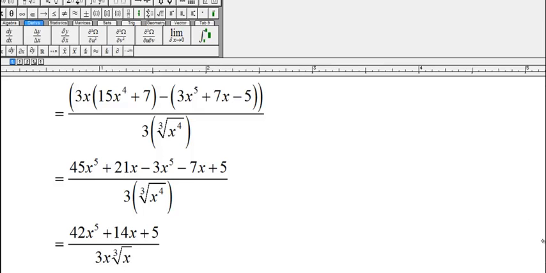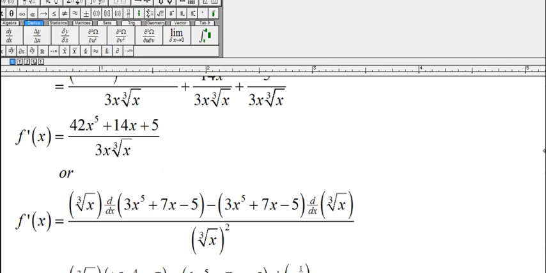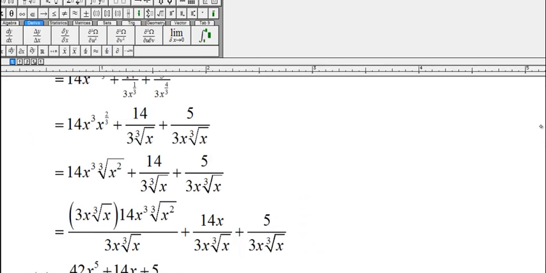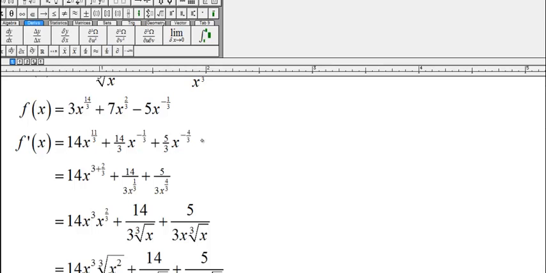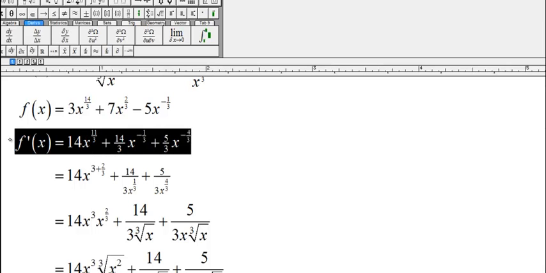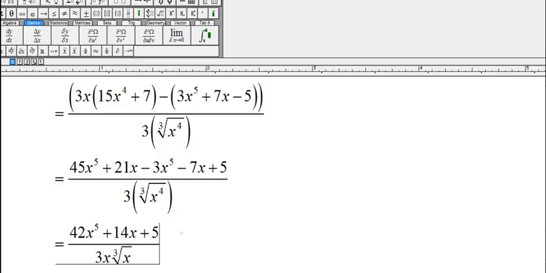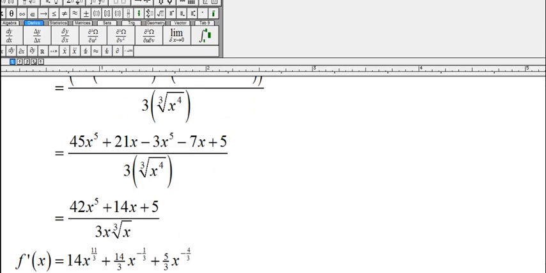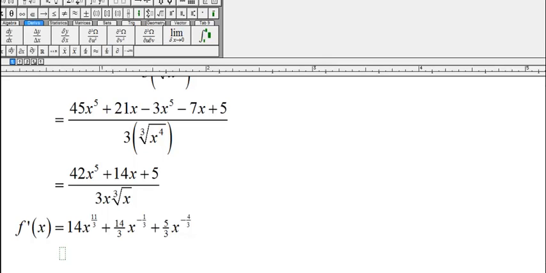I kind of prefer the first method, but the other one does work. Especially if I'm going to go on and do another derivative, I think it's going to be easier if I take this version. It's a sum of power functions to find my second derivative. And we can manipulate the form after the fact if we want.